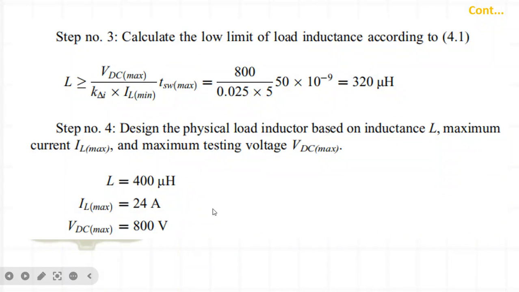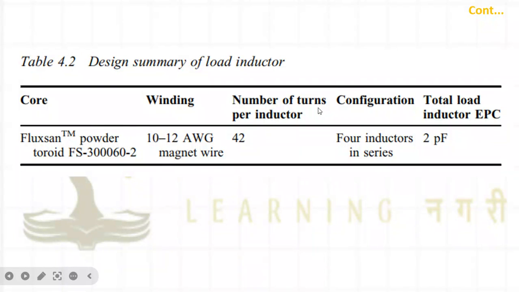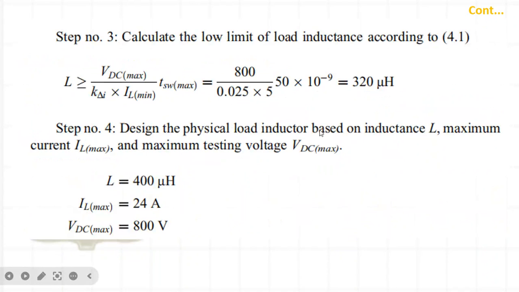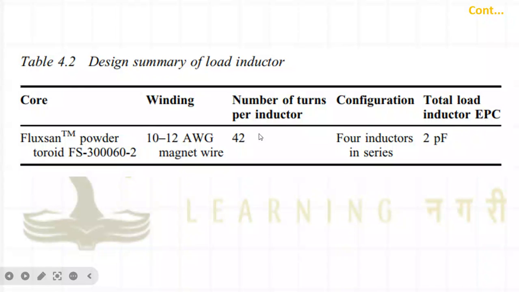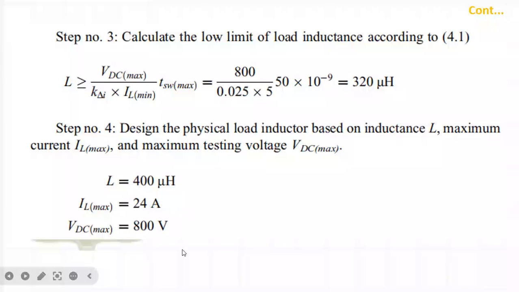This is what I wanted to say about the inductance. Now we will go to the next part. The total inductance value is nearly 400 micro Henry, so this is how you can choose any inductor. You can choose the core and so on, but the only important thing is which value of the inductor we should take with these parameters.